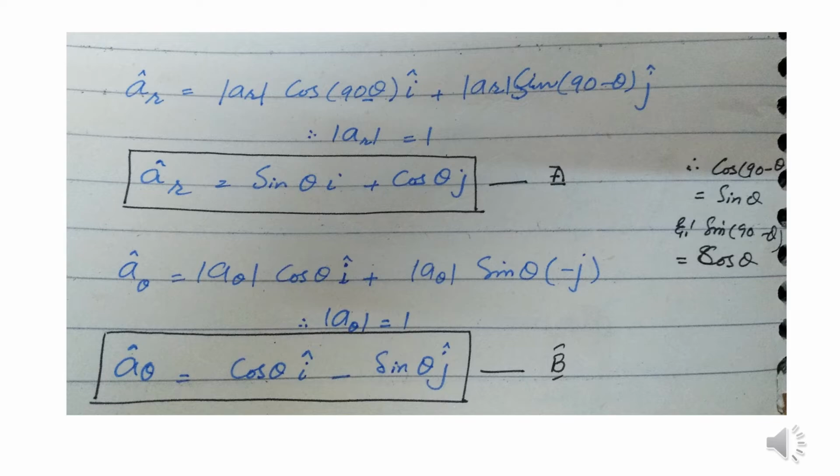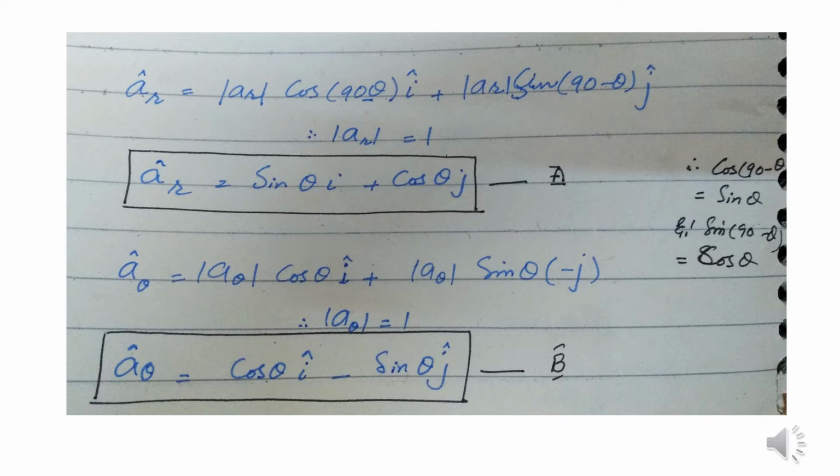As we know that the mod of unit vector is 1 and cos 90 minus theta is equal to sin theta and sin 90 minus theta is equal to cos theta. So we will write in the above equation AR unit vector is equal to sin theta i cap plus cos theta j cap.